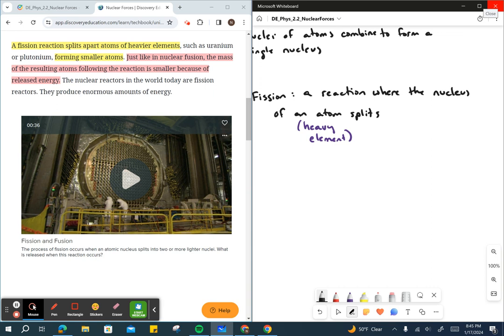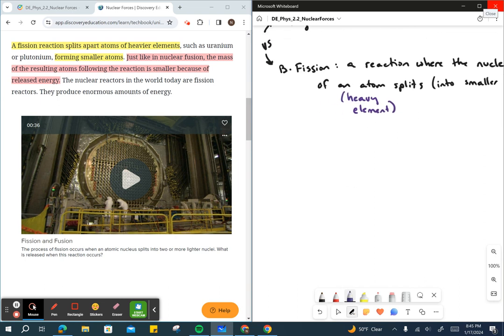And what does it do? It splits into smaller atoms, aka elements. We want to make a note to ourselves.